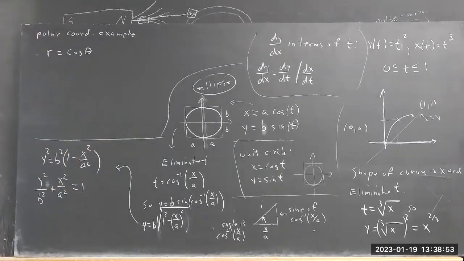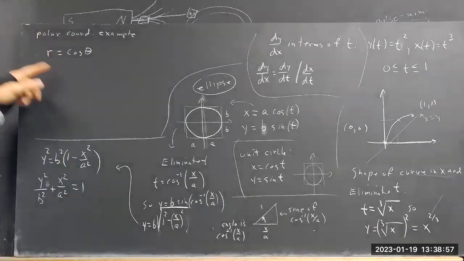R equals cosine theta. R is the distance from the origin.